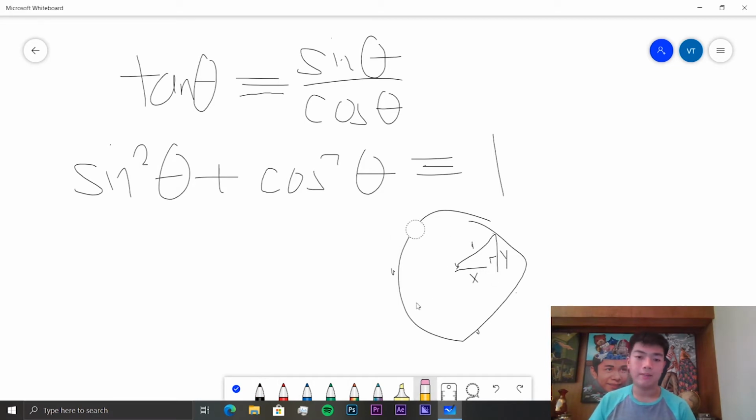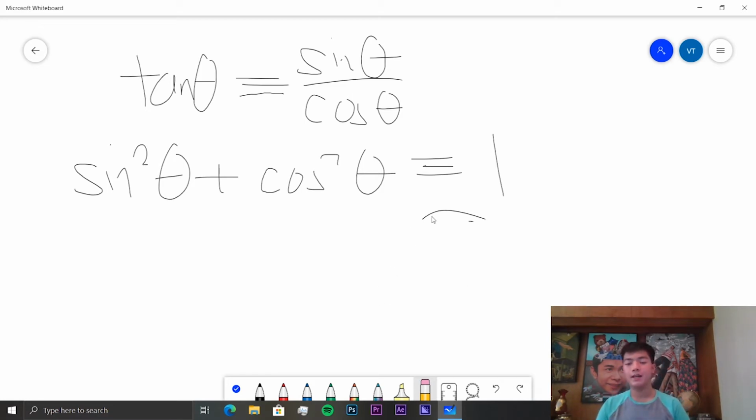This is called the Pythagorean identity, and it's an important identity, and we can derive a few other things from it.